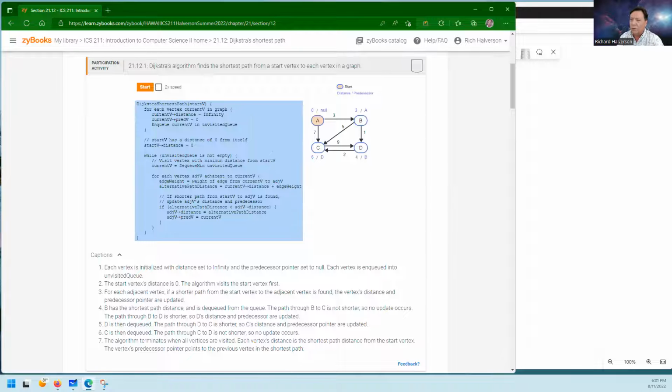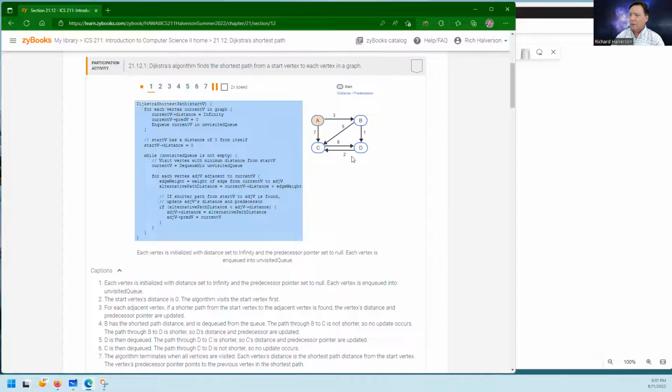So the way it does it is it starts out by loading up this queue called the unvisited queue, loading it up with each vertex, and setting all of the values for all the nodes to infinity, meaning that it's infinity steps back to the main vertex, and null means we don't have a direction yet.